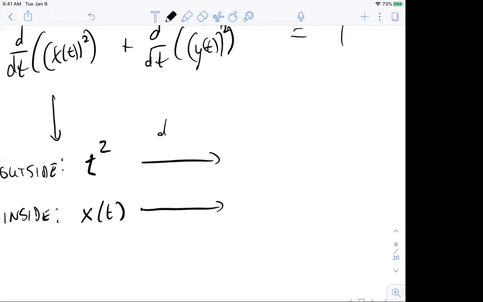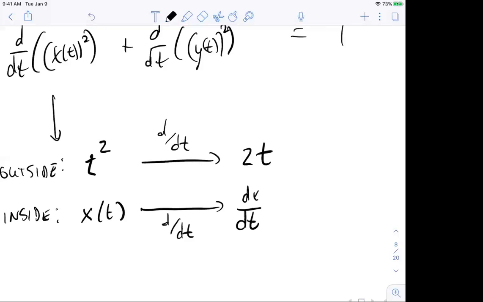So chain rule, implicit differentiation, however you want to think about it, I'm going to need the derivative of the outside at the inside. So the derivative of the outside with respect to t is just what? Yeah, I heard it, 2t. The derivative of the inside with respect to t: careful, I'm taking the derivative of x of t with respect to t, and really that's all I can write.